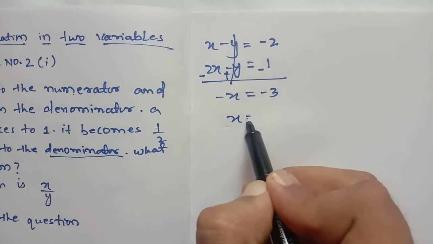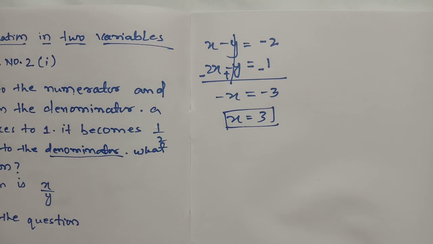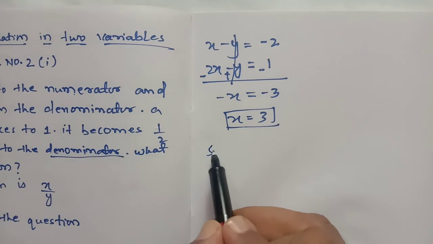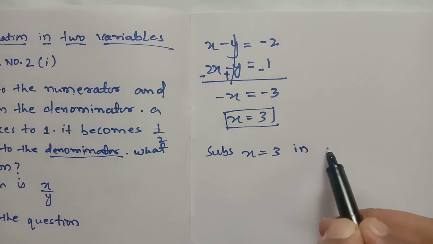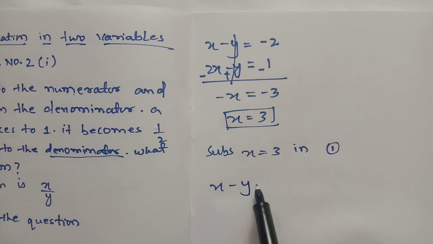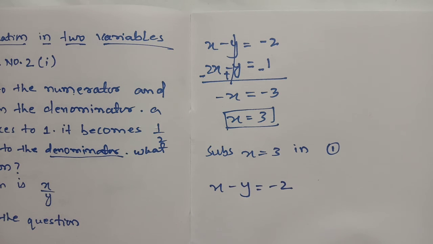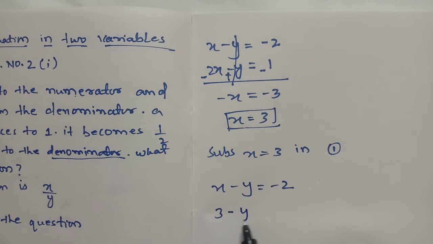So x is equal to 3. We got the value of x. Now substitute x equal to 3 in equation 1. First we will write equation number 1, that is x minus y is equal to minus 2. We will substitute now. x is how much? 3. 3 minus y is equal to minus 2.